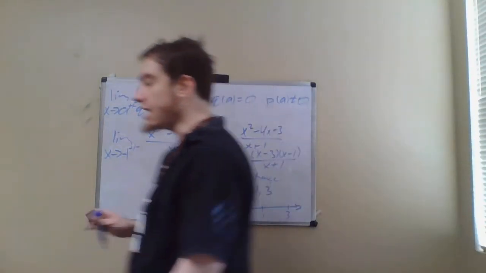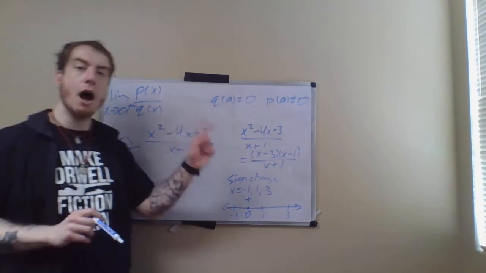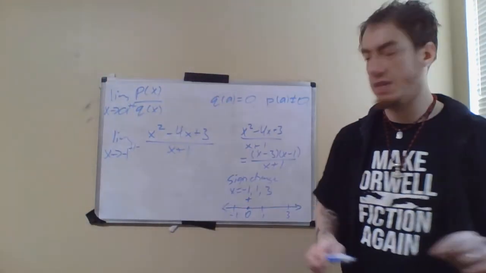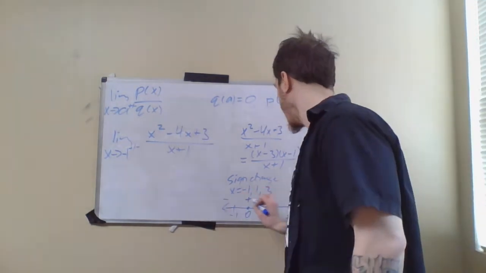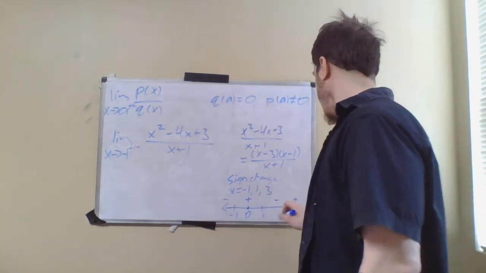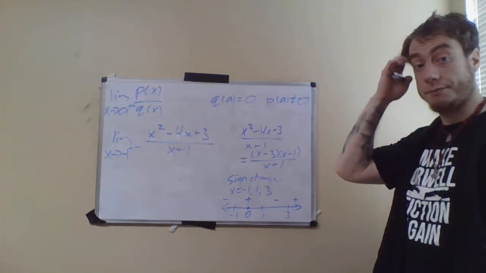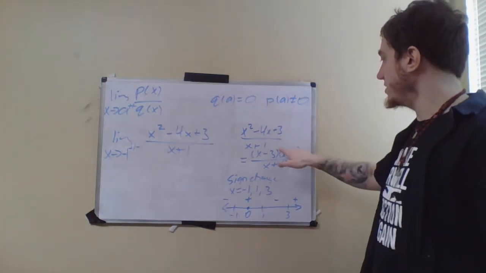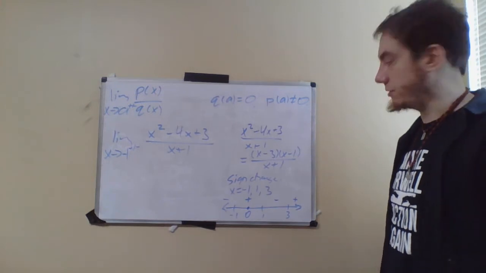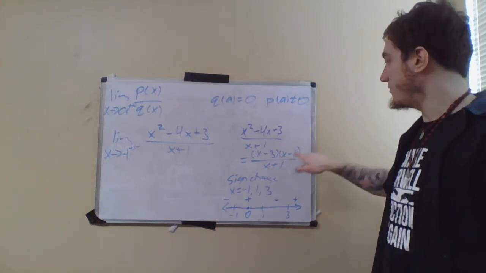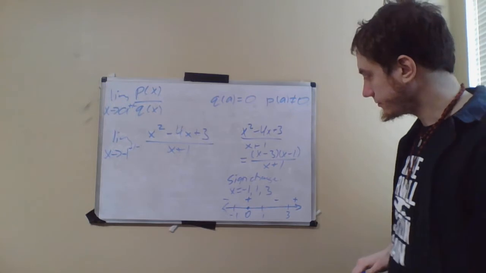It changes signs if the root has odd multiplicity. All of these have odd multiplicity, so this thing does change signs at each of these roots. Remember, the multiplicity is just the exponent on that particular factor. In this case, they all have multiplicity 1.